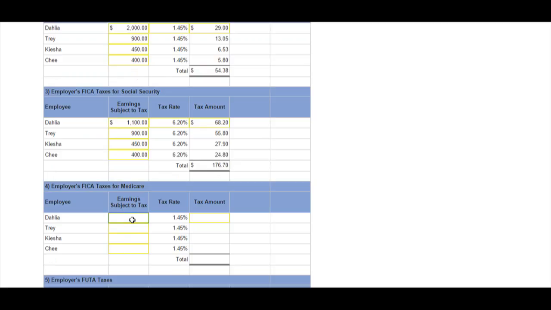Part 4, again, the employer has to match the amount withheld from the employee for Medicare, so the numbers are the same as for Part 2.